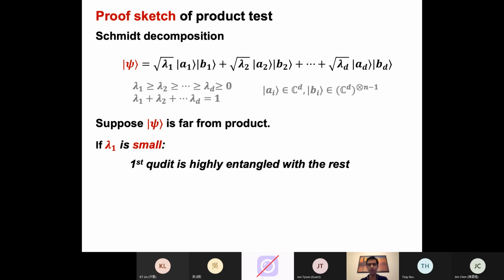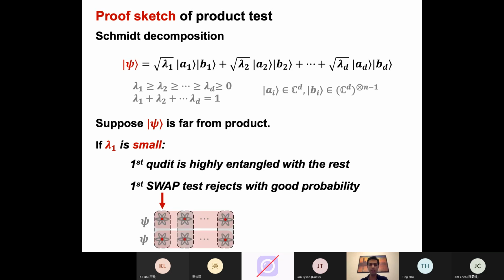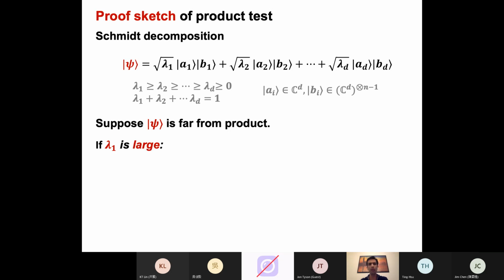And therefore, the first qubit is highly entangled with the remaining n-1 qubits. And in this case, the first subsystem is fairly mixed, and the first swap test that we perform with good probability detects this and will reject. So this is what we want.